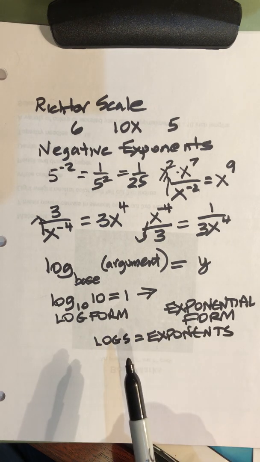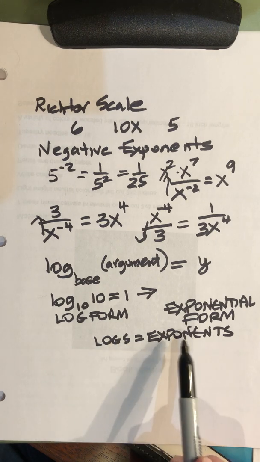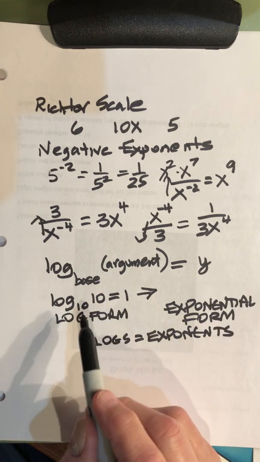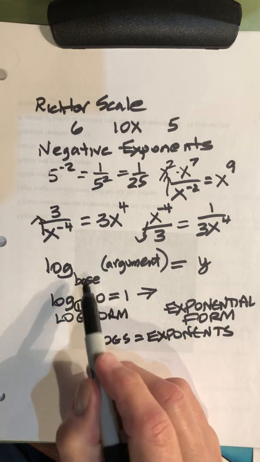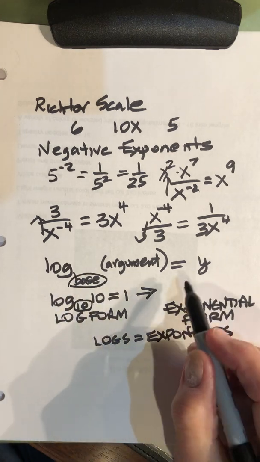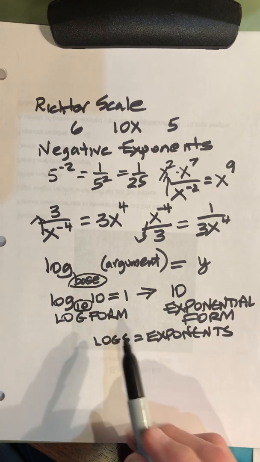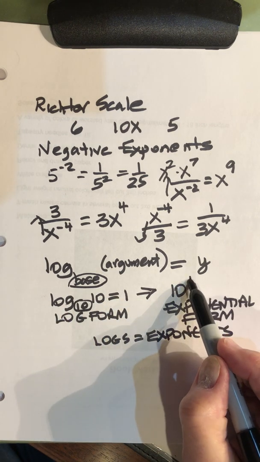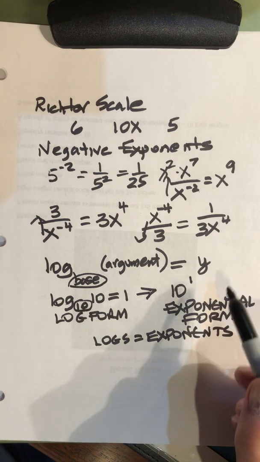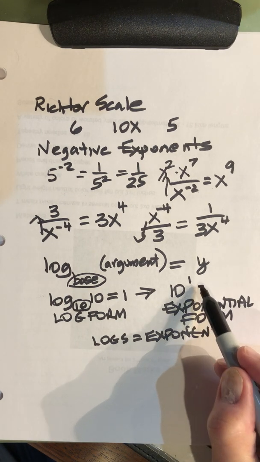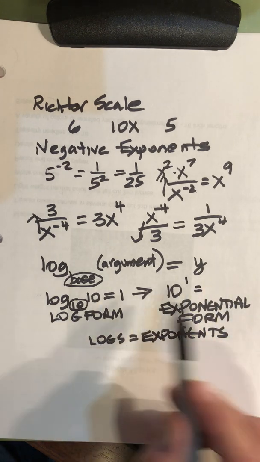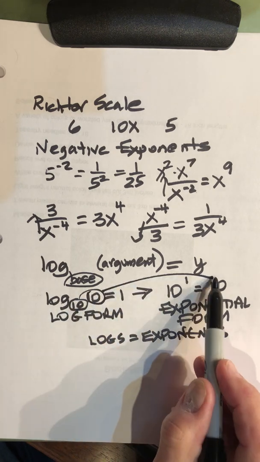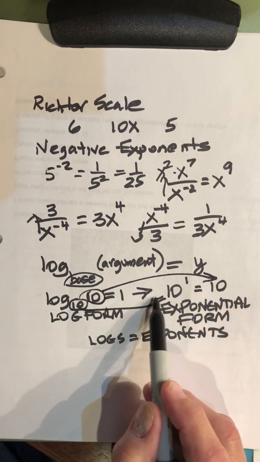So if a log equals the exponent, then I'm going to write this in exponential form now. This is the base right here, so that's the base of the exponent. The log equals the exponent, so that's 10 to the 1. And what does that equal? 10, which is the argument. This is that 10, and this is that 10.